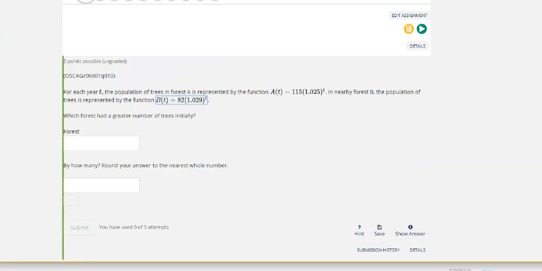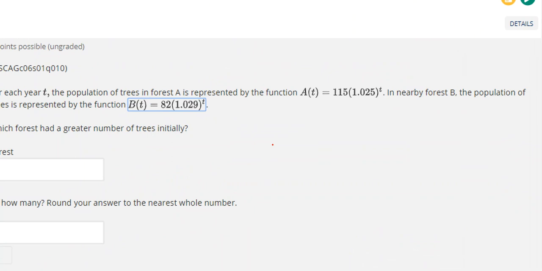One little more extra piece of information: just by looking at these two functions, I know the growth of population in forest A is 2.5%. Just look at the decimal 0.025, which means 2.5%.